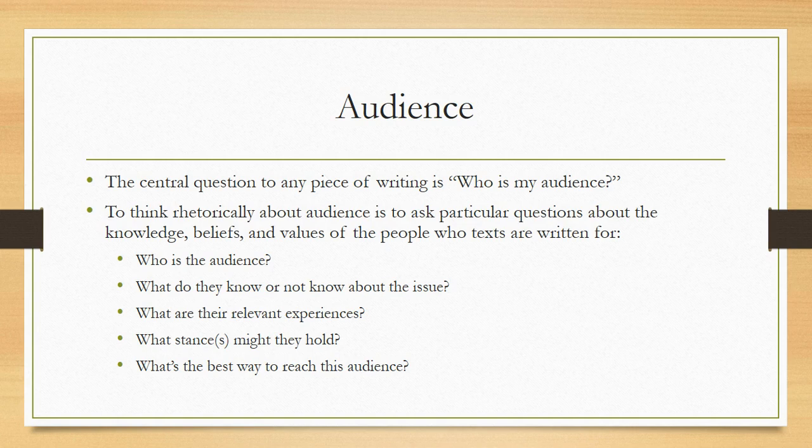We also have to think about what they know or not know about the issue. This can include things like background information, particular stances that they may have on the topic. If we explain too much to an audience that is already well informed, we can be seen as being insulting, as if we're saying that they are not well versed in their field. If we explain too little to an audience that is fairly new to a topic, they can get lost and frustrated.